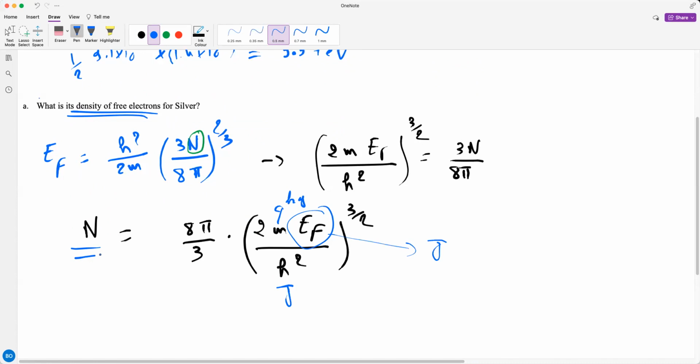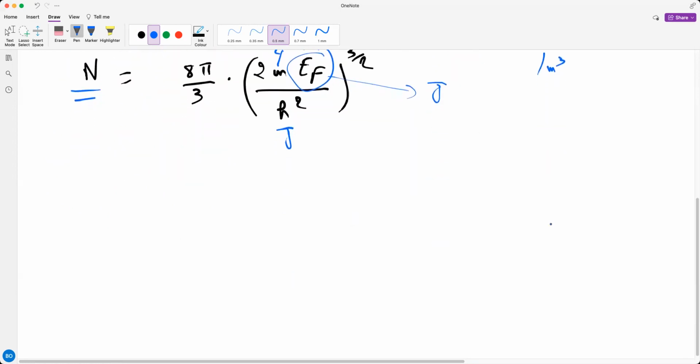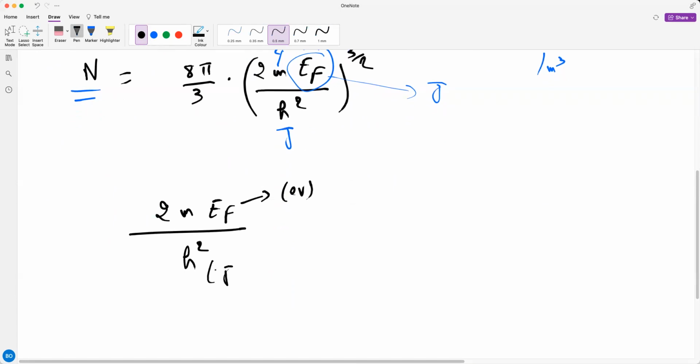Yes, Professor, so you want the number of free electrons in joules? No. The number of free electrons will be the number per cubic meter. Let me explain. You have 2 times m times EF divided by h squared. In the first question, we calculated the Fermi level in electron volt, and the Planck's constant is given in joule second.